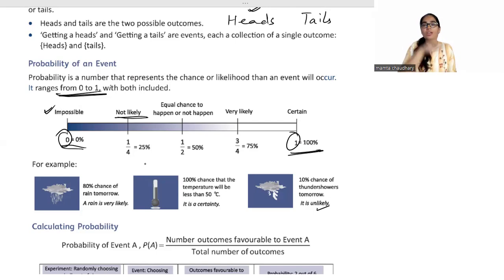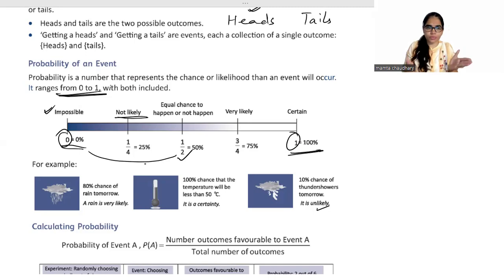It means its probability is between 0 and 50%. Now, when I'm tossing a coin, getting heads is 50%, because either heads will come or tails will come. 50% chance, so that is an even chance or equal chance, anything you can write.